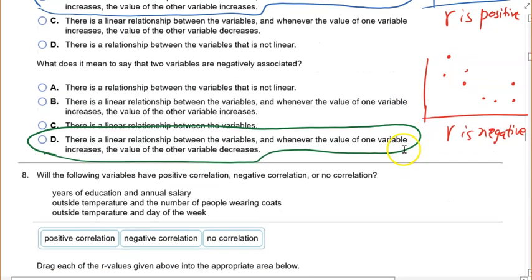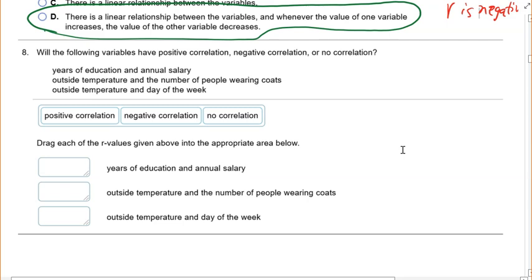Okay. Question number 8. Will the following variables have positive correlation, negative correlation, or no correlation? You have 3 options. You have to pick one, or rather, you drag it into the correct box.